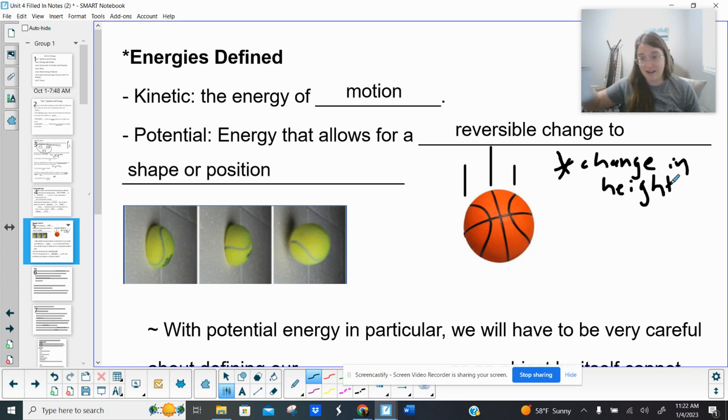If I bring my cup of tea up higher, it has the potential to go faster if I were to drop it and break it. Yeah. If I continue to bring it up higher, I'm giving it more potential to go faster. So oftentimes when we think about potential energy, we're thinking about a change in height. The greater the height, the more potential the object has to do something if I let it go. Yeah, it can go faster.